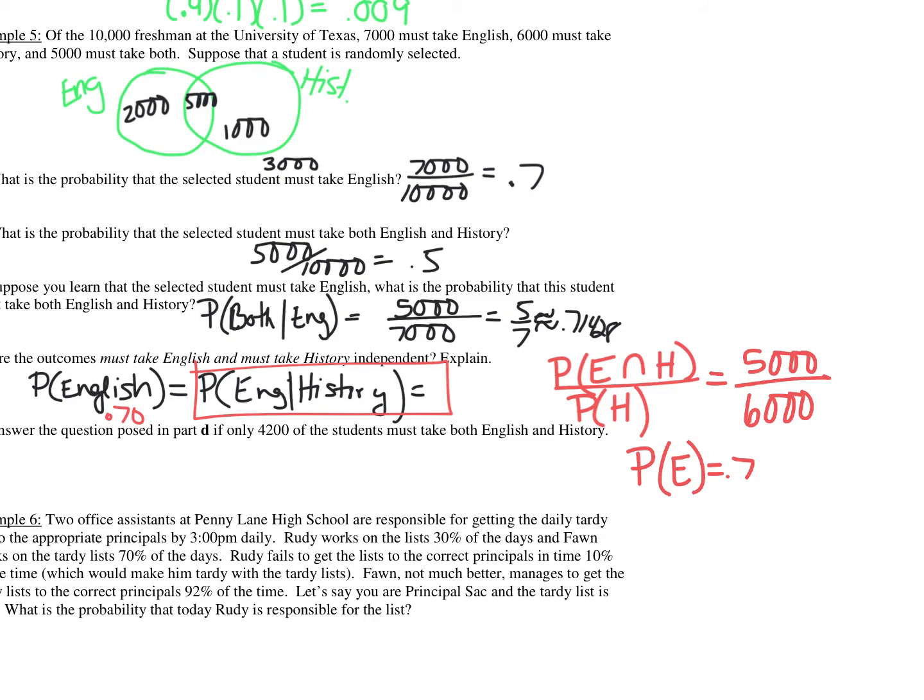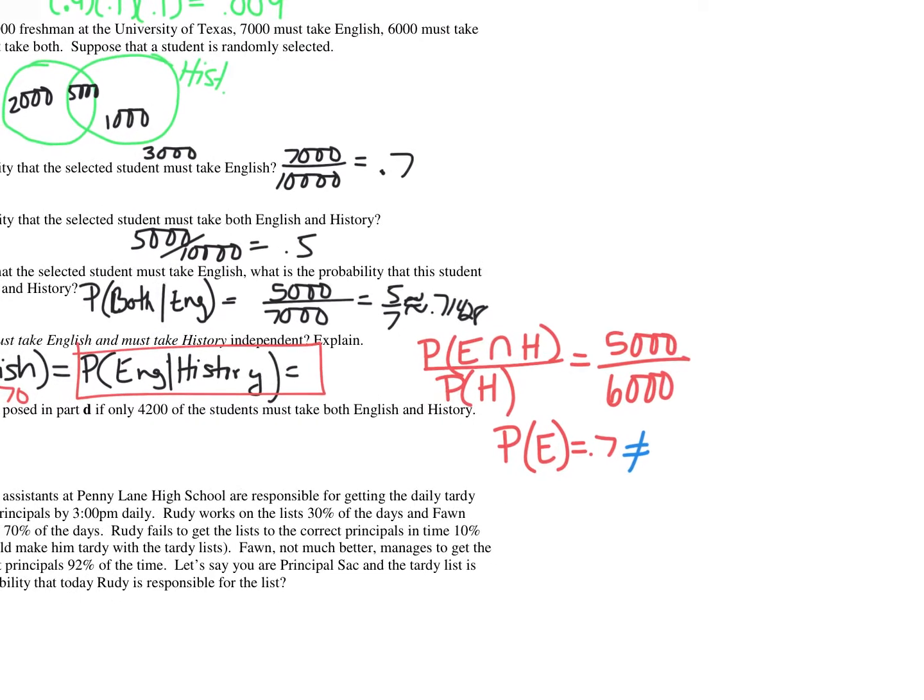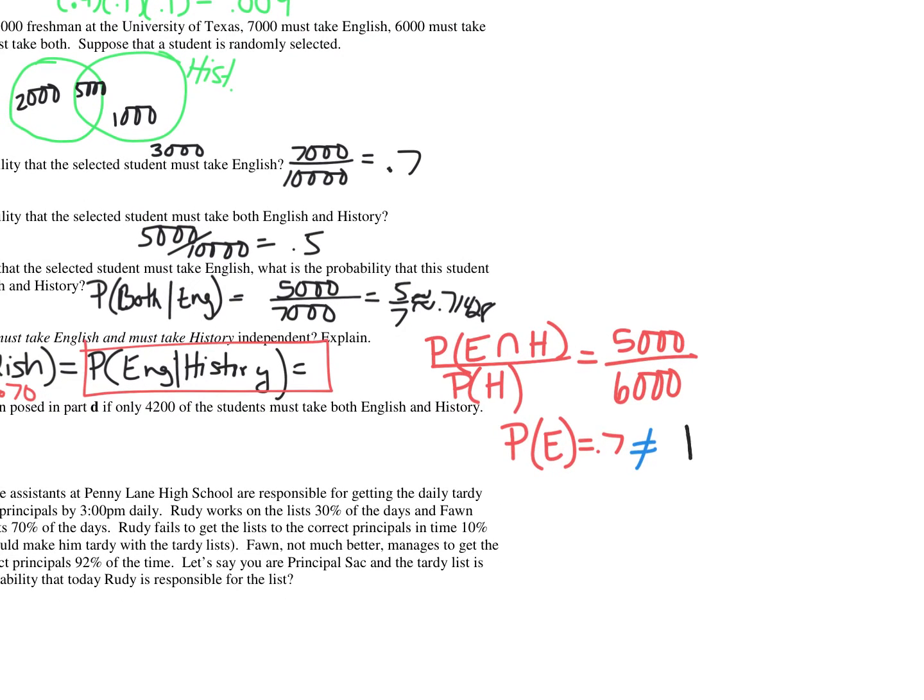I'm going to say that does not equal the probability of English given history, which equaled 5/6, whatever that is as a decimal. I think that's 0.83. Double check that on your calculator, but definitely not equal.